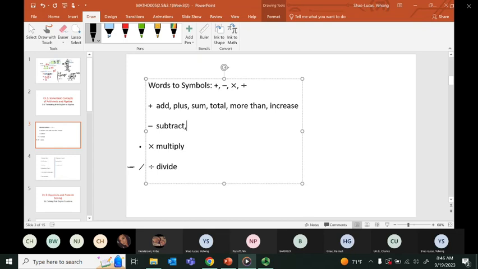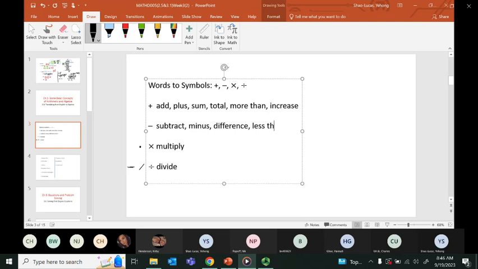Similarly for subtract, we have minus, or we say difference. When you try to find the difference of two numbers, we do subtraction. Corresponding to more than, we also have less than.